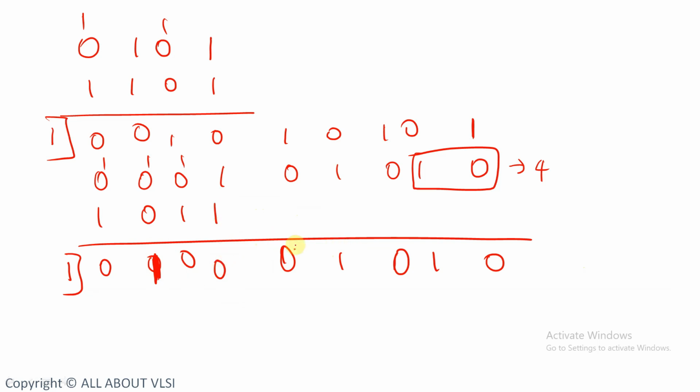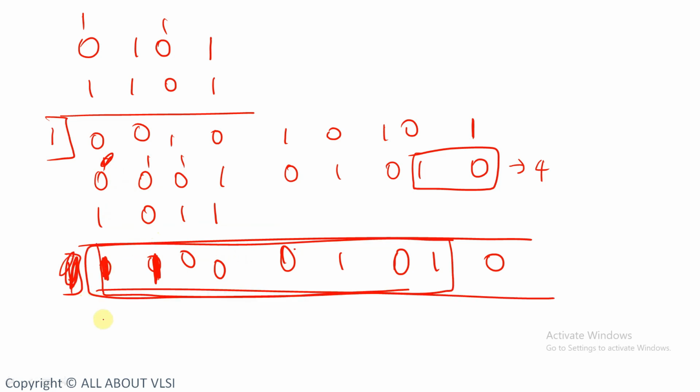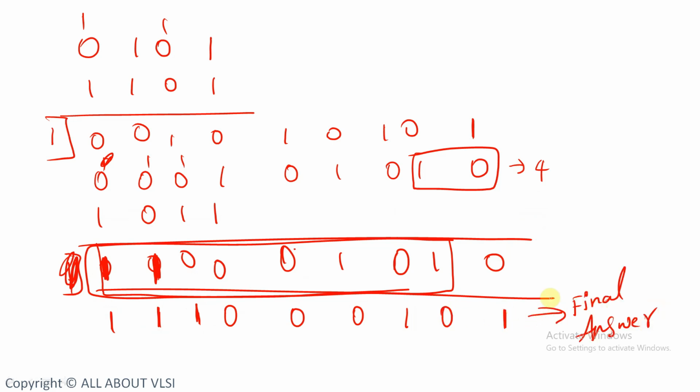And here also it is 1 only. Perform the shifting also. So again if we perform the shifting, then it is 1 1 1 1 0 0 0 1 0 1. So this is your final answer.